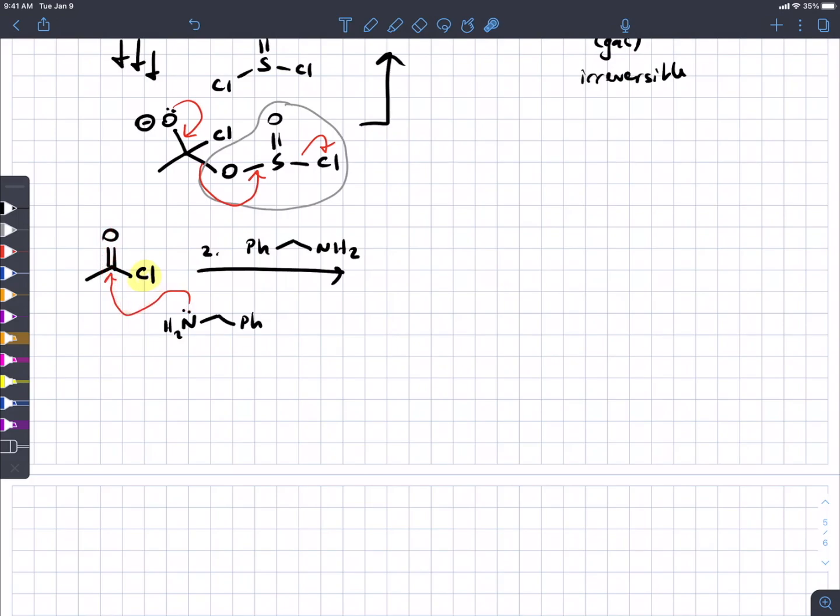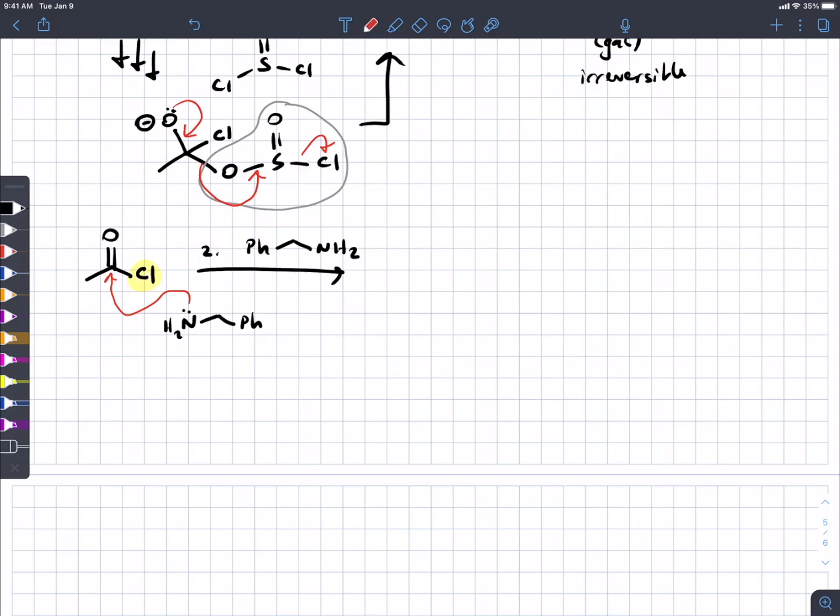We can't use an acid catalyst here because our amine is a base, and it would just deprotonate the acid, and then you'd be done. So fortunately, the acid chloride is reactive enough for the direct attack to occur.